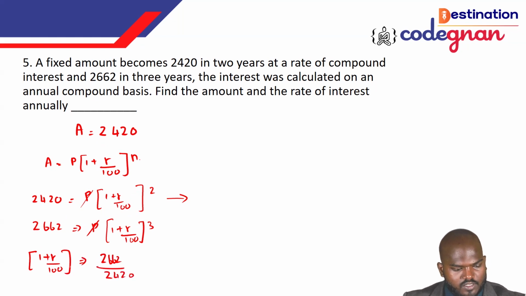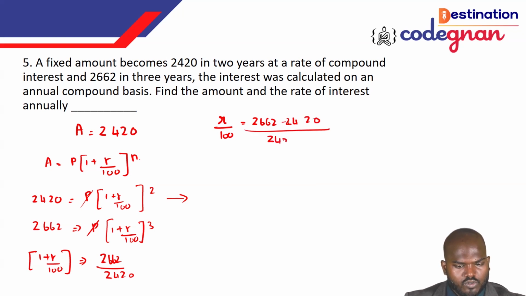Like what we will get here: if you do it this way it gives 100R, so we don't want that. We can take it like this: R/100 = 2662/2420 - 1.